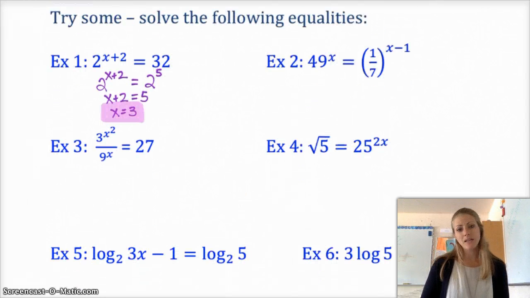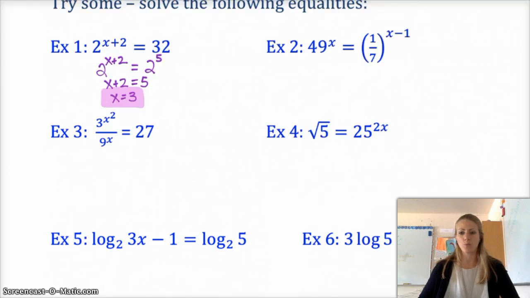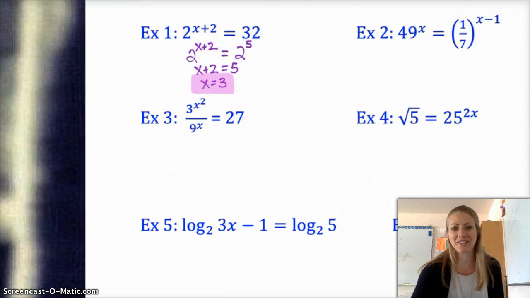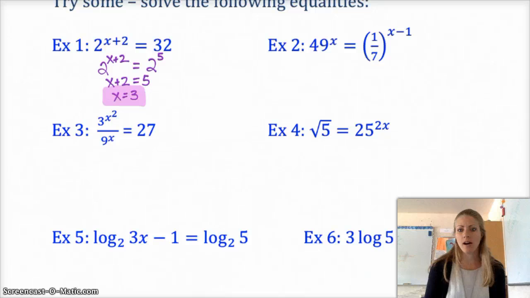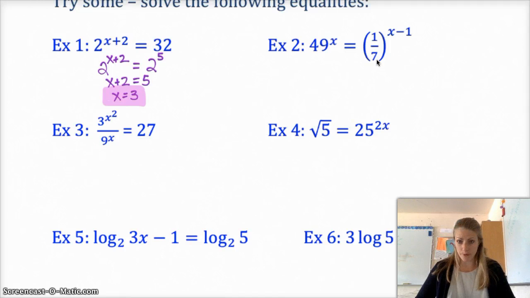Sometimes the hardest thing about solving these is you're not quite sure what the base is supposed to be. So for example, number 2, you have 49 and you have 1/7. To rewrite 49 as 1 over 7 to a power, or to write 1 over 7 as 49 to a power, that sounds horrible.